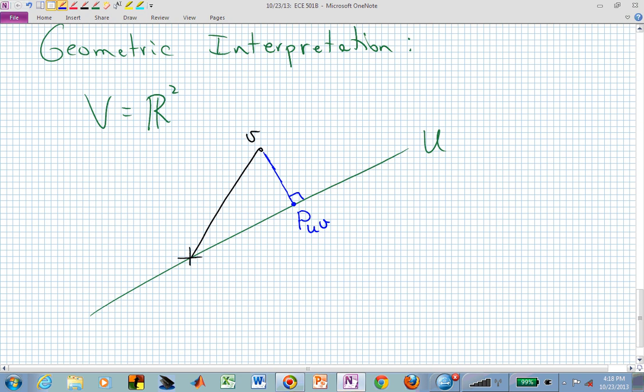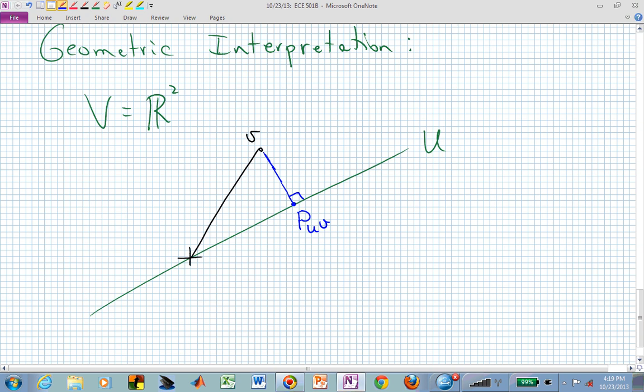And we're just trying to make that distance between V and U as small as possible, and the smallest that we can make it is when it is orthogonal to the subspace U. That's when we get the shortest distance.